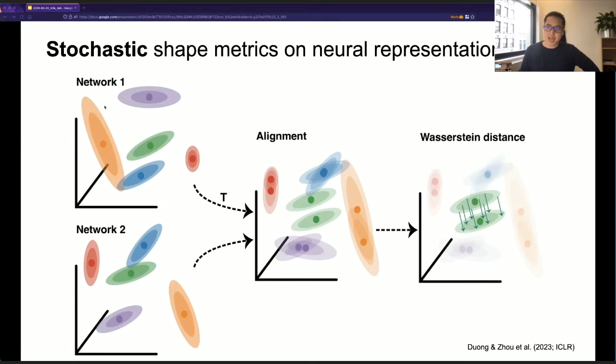So the idea is we have this joint distribution for network one's response to 5 different stimuli, and we want to transform or rotate network 1 into network 2 with T, as shown here, and whatever's left via Wasserstein distance is the distance between the two distributions. Does that make sense to everyone? Great.